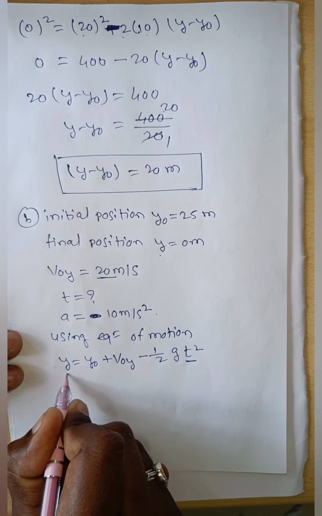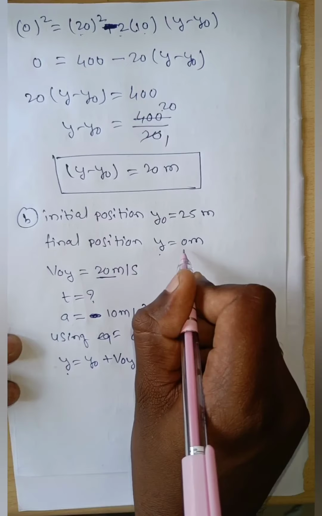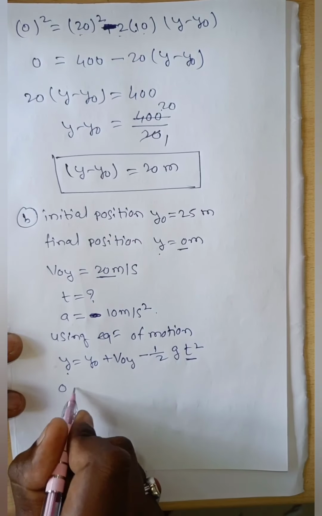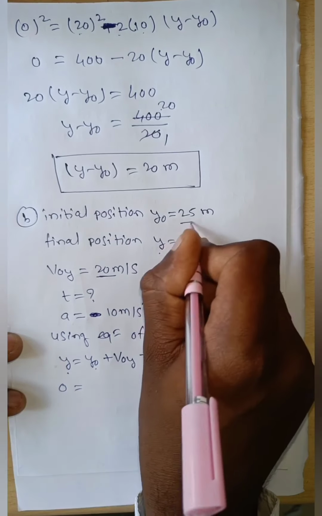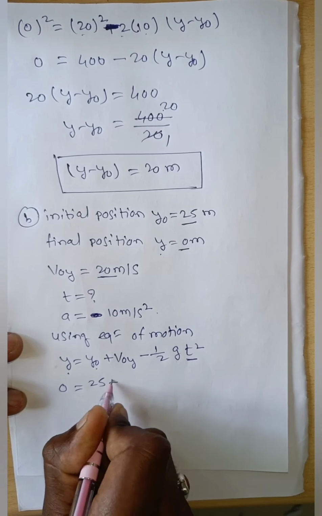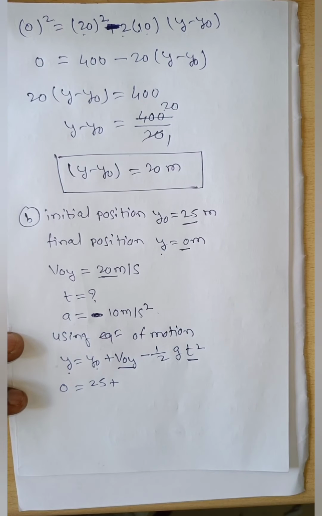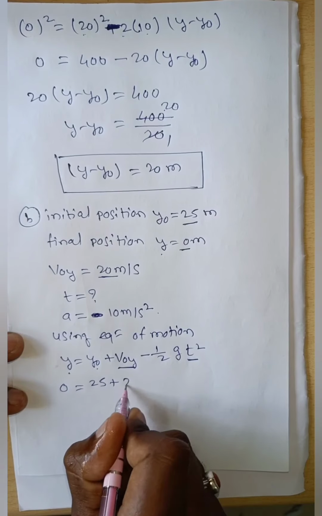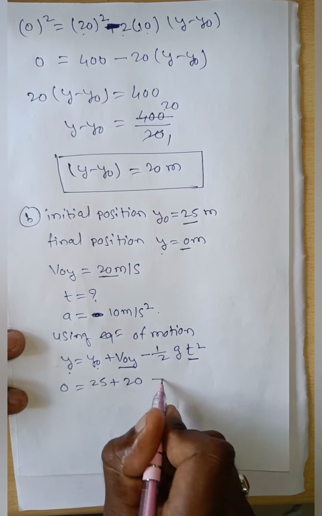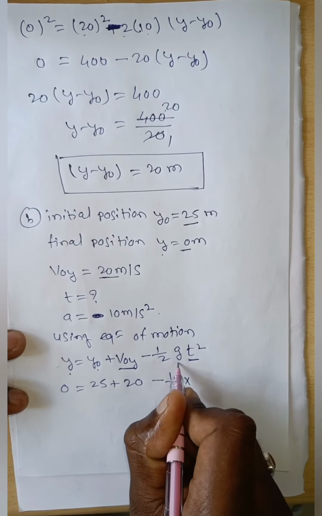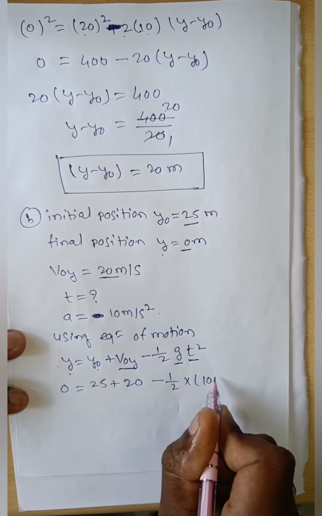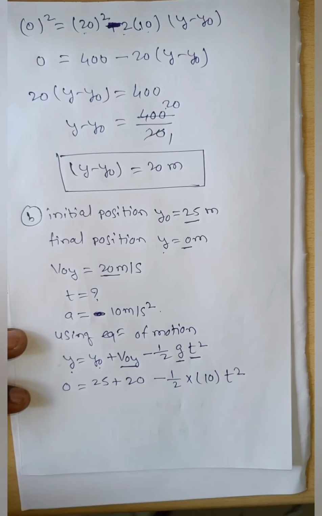What is y? y is the final position, 0. Then y naught is the initial position, 25 meters, plus v naught y, which is 20, times t, minus half into g, which is 10 meter per second squared, into t square.